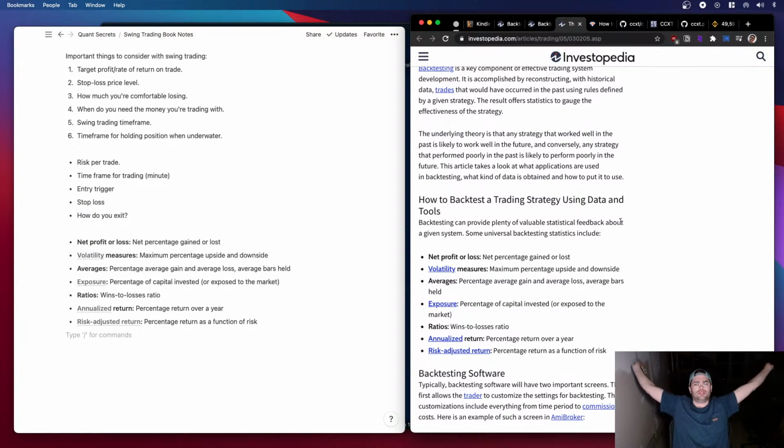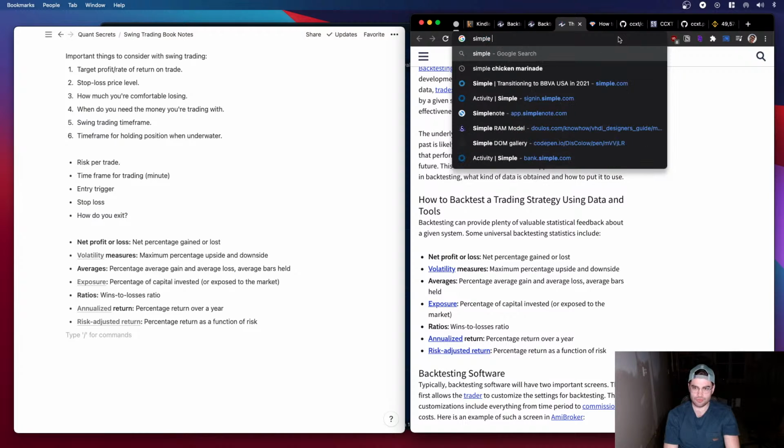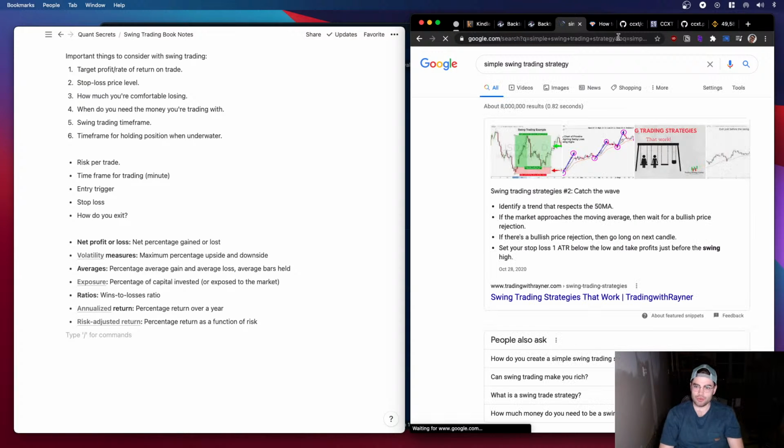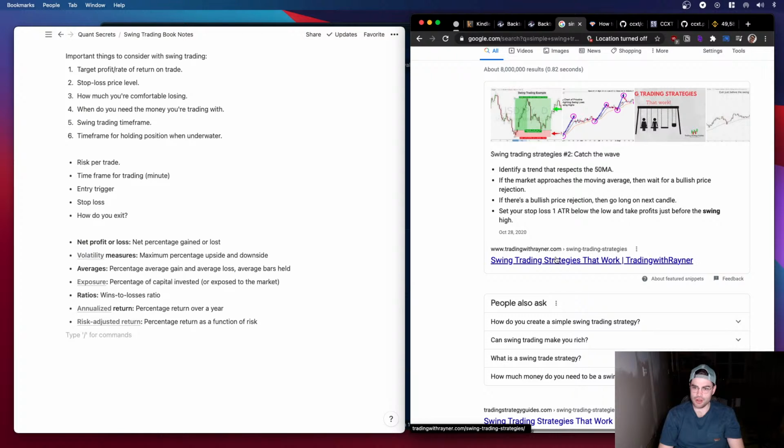Net profit or loss, the percentage gained or lost, volatility measure. Simple swing trading strategy.